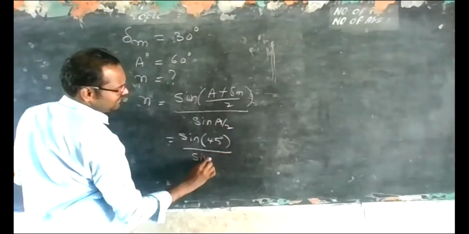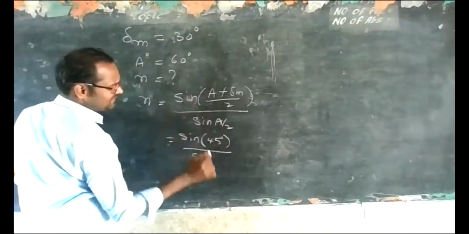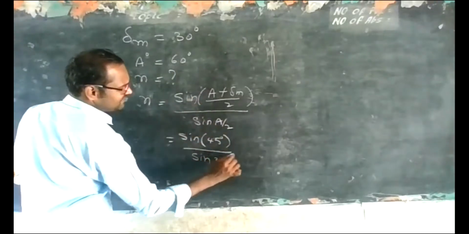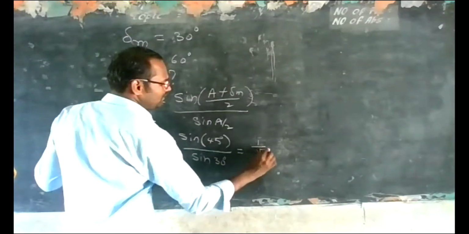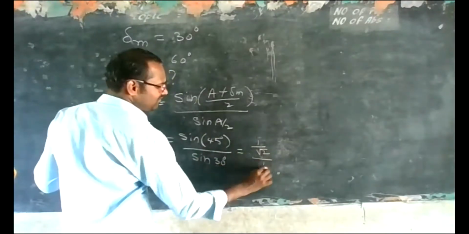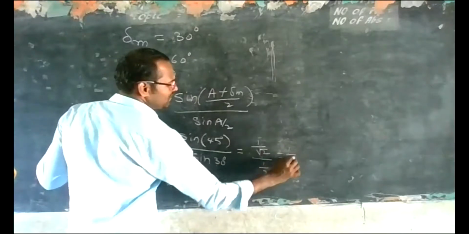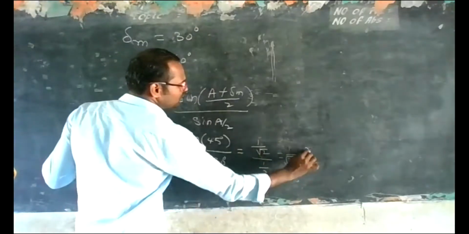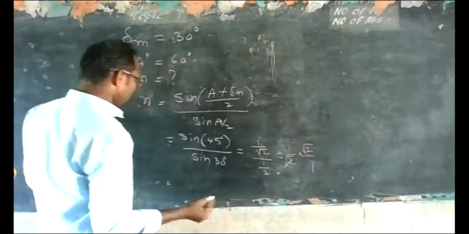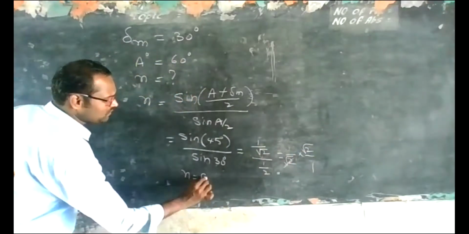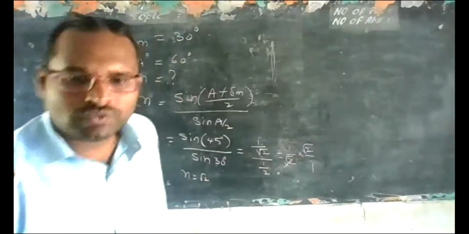Sin A by 2, A is 60, 60 by 2 is 30 degrees. Sin 45 is 1 by root 2, sin 30 is 1 by 2. So it will be 1 by root 2 into 2 by 1, which is 2 by root 2, so the refractive index is root 2.